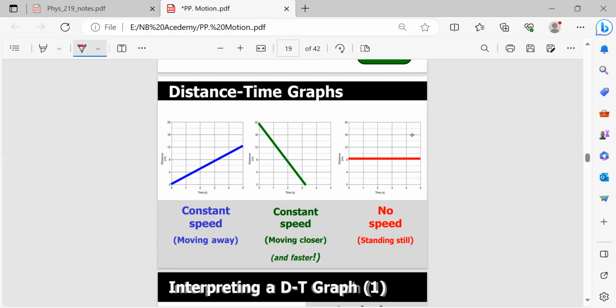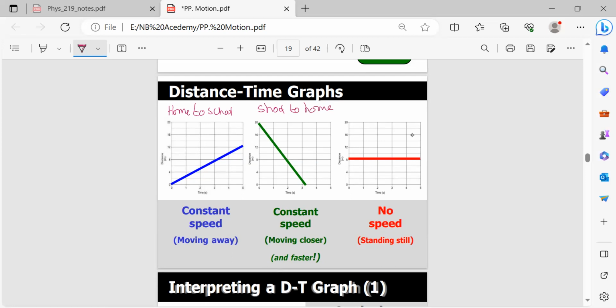Suppose you moved from your home to the school with constant speed, and this graph represents your motion from home to school. Here represents your motion from school to home.